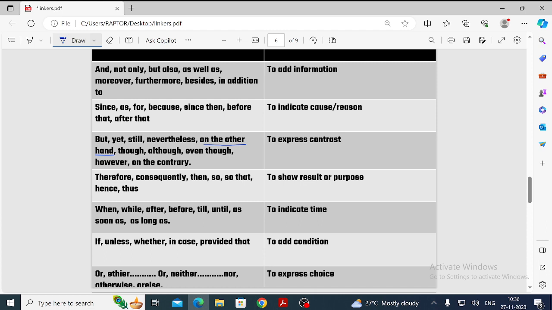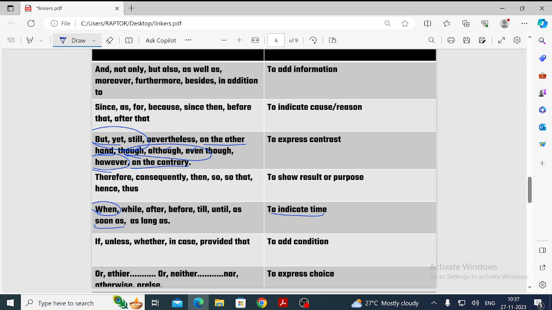And then just now we have discussed though, although, even though, and then however, on the contrary. So these are the words that you have to remember. Most familiar options like but, yet, still, although, even though will be there. And then to show result or purpose, there we have options, and then to indicate time, we have discussed the difference between when and as soon as, like ordinary and then immediate.